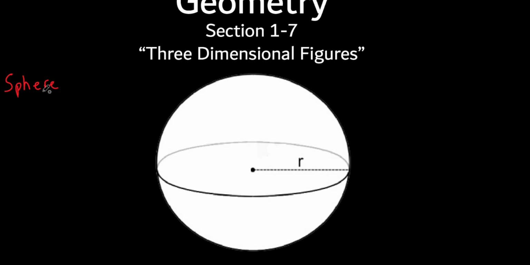Let's see how they say it. In space, it's the set of all points in space that are a given distance from a point which we call the center. So this point right here, we talked about that on a circle as well, didn't we? We said that that was the center. But it's the set of all points in space that are a given distance.